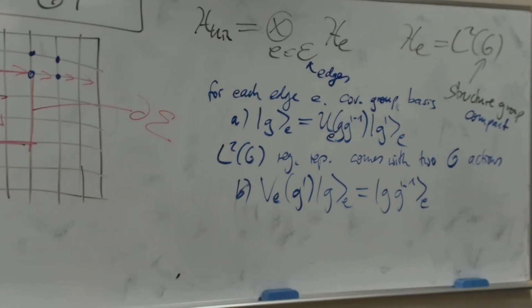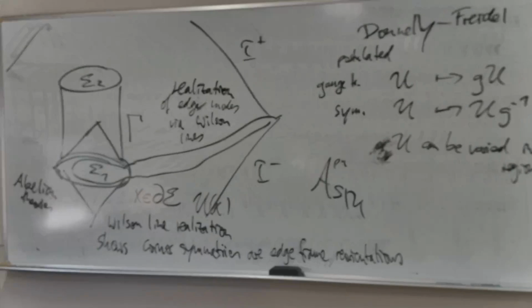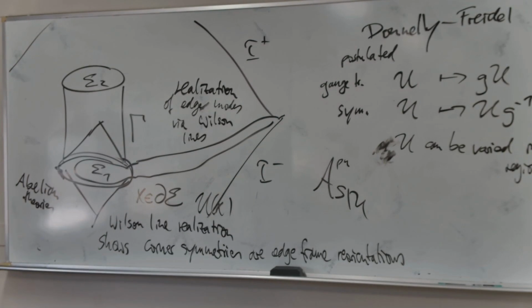Okay. And so, now, what are the degrees of freedom that live on this Hilbert space? I have these link variables for each edge. You sometimes write them as ĝ. They're Wilson lines. Okay? So the link variables, you should think of them as follows: you have a node here, and you have a node here, and this is E, and ĝ_E is the Wilson line from the initial to the final vertex.